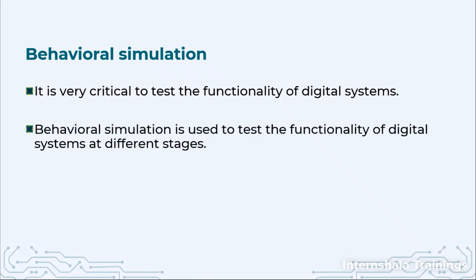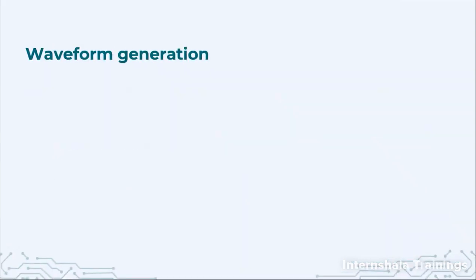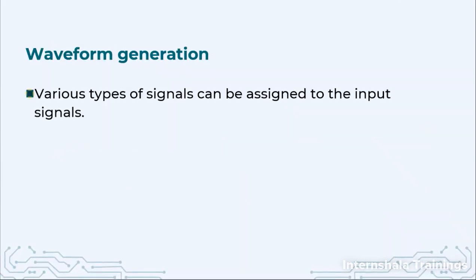Behavior simulation is also used to test the functionality at different stages as well. It is not only the final system that we can test, we can also test it in a phase-wise manner. We can generate these input waveforms, create the test cases, and test whichever component we want at a given time. So how do we generate these waveforms?